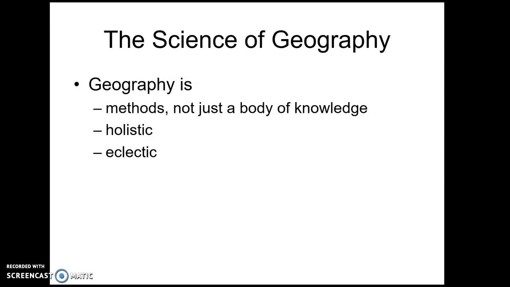And as well, it's eclectic, which means that it may use a variety of methods to come up with answers to questions. And my master's thesis, I'm going to give you a really quick example of how it turned out to be this way. Much of my research has been in Latin America, particularly Mexico, but also in parts of South America.